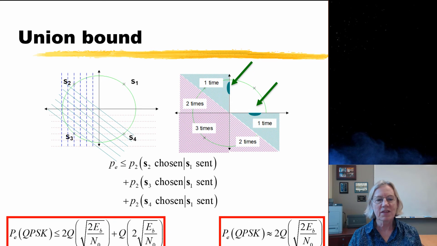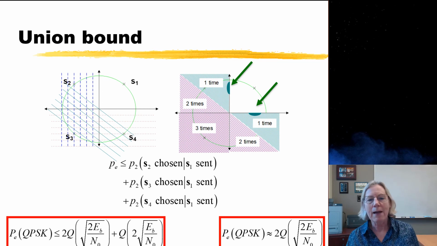If you looked at it numerically, it's like if I was integrating to find the probability, taking this Q function and integrating it over the whole space. Most of the action is happening in this area here, which is in dark green. Most of the contribution to this calculation. So although it's a bound, I can use it as an approximation. And we call this the approximation coming from the union bound.